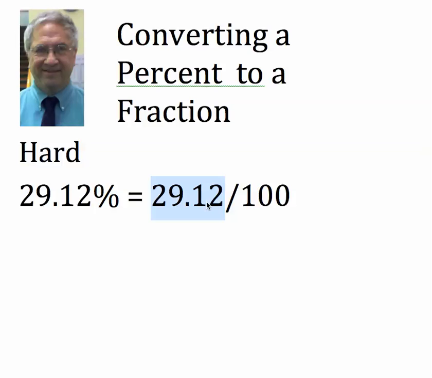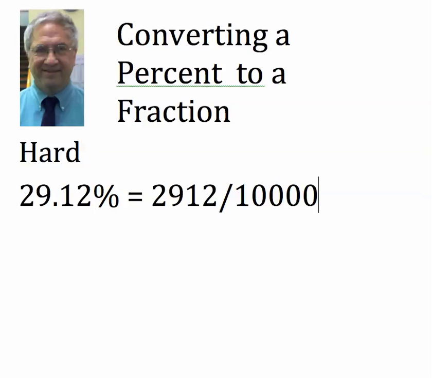No, it doesn't work. What do we have to multiply it by in order to make it a whole number? You know the answer. You have to multiply the top by 100. 29.12 times 100 is 2,912. If you do it to the top, you have to do it to the bottom. When you do it to the bottom, you get 10,000.